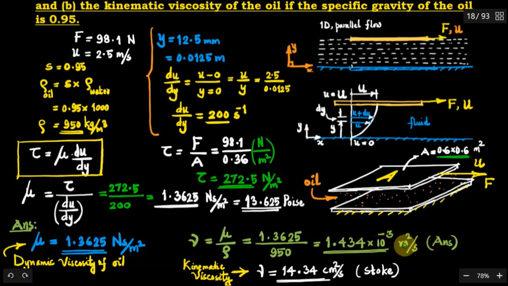That is the SI unit of kinematic viscosity. If you convert kinematic viscosity into CGS unit, you will get 14.34 centimeter square per second or Stokes, because 1 meter square per second is 10,000 centimeter square per second or 10,000 Stokes.